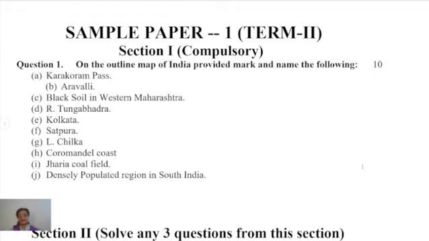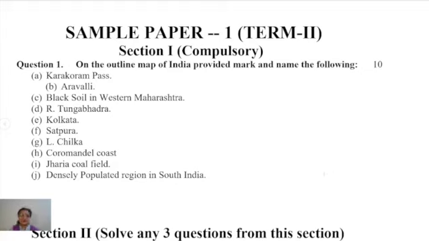Section 2 will comprise 5 questions, and out of those 5 questions you need to do any 3. So the compulsory map work plus 3 questions from the second section will make a 40 marks paper. Okay, so let's start with it.